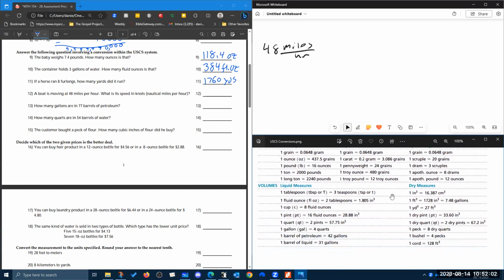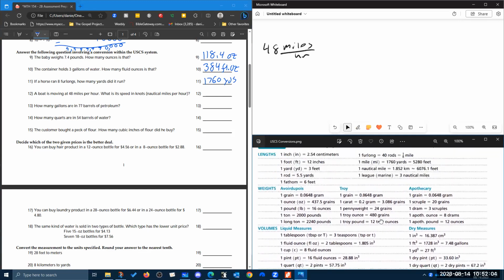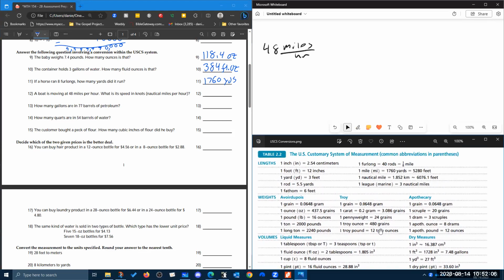We don't have units of speed on here to convert, so we're going to have to convert the distance, miles to nautical miles. So 1 nautical mile right there is... I'm surprised I don't have a direct conversion, but oh well.